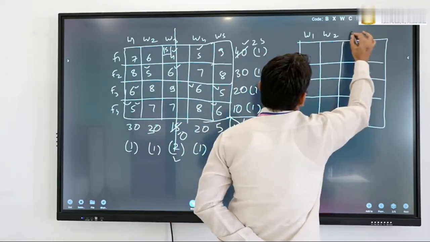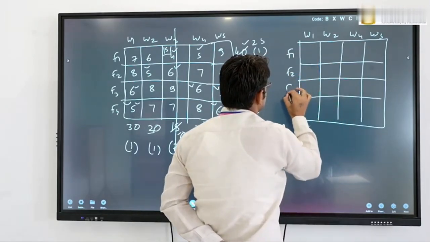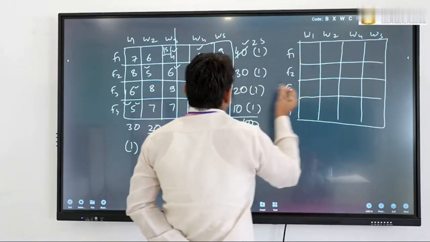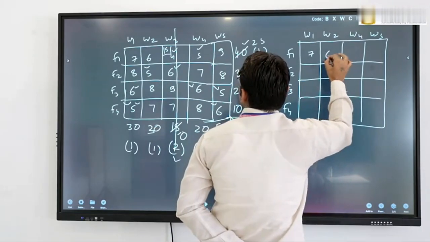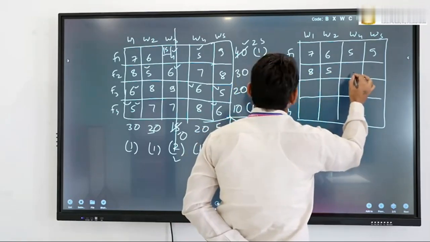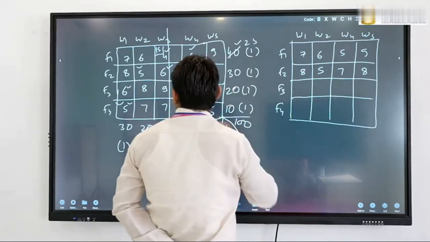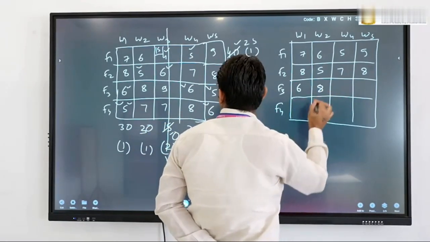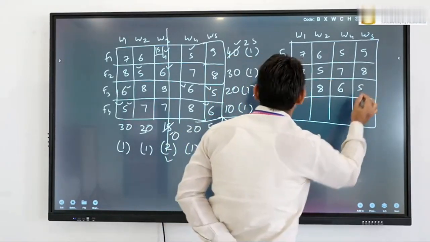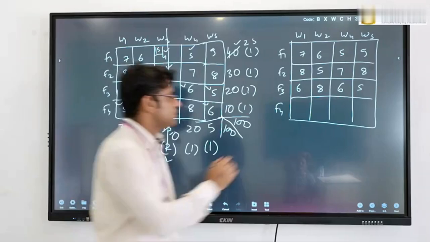The columns are W1, W2, W4, W5 and the rows are F1, F2, F3, F4, with costs 7, 6, 5, 9, 8, 5, 7, 8, and next 6, 8, 9, 5, 6, 8, 6, 5, and next 5, 7, 8, 6.